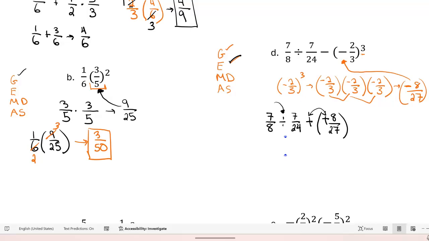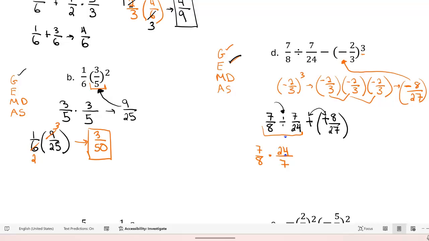It becomes plus. All right, so I am going to do my division first, and then I'll go ahead and deal with that second part. So division, I have 7/8. Division becomes multiplication. And then I have to flip my second fraction.